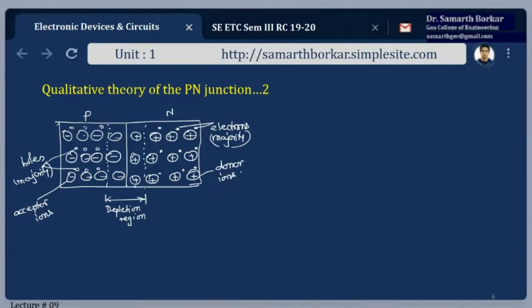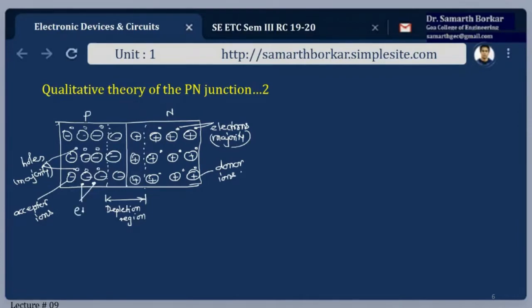Fine. Now we can also have minority charge carriers here. In the case of a p-type semiconductor, the holes are majority charge carriers, but on account of thermal agitation, we can have minority charge carriers, that is electrons.